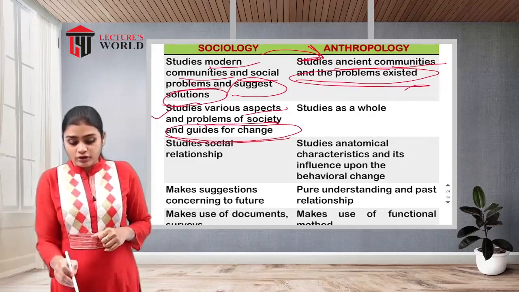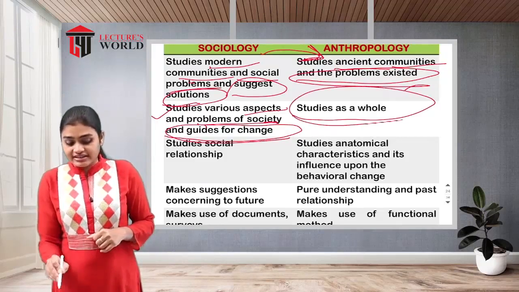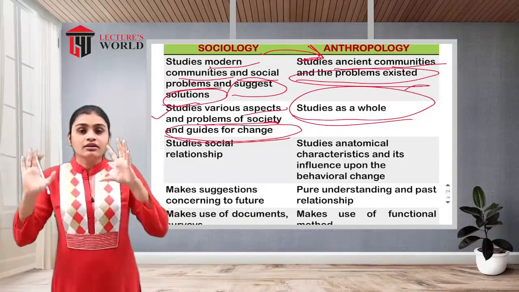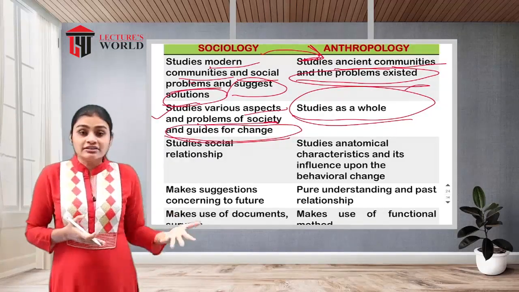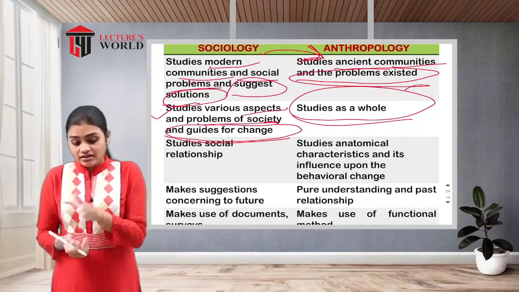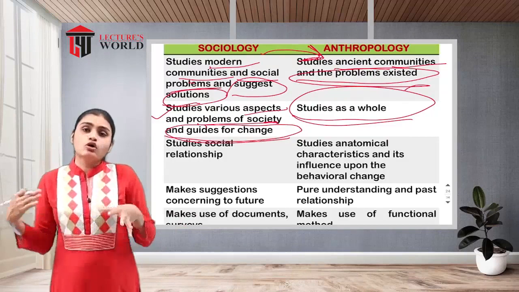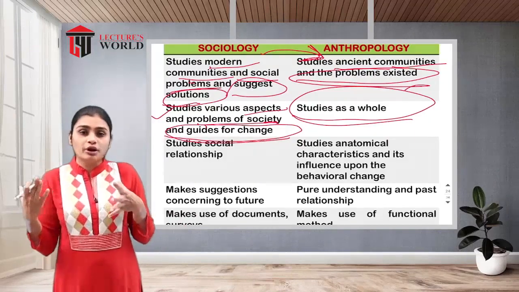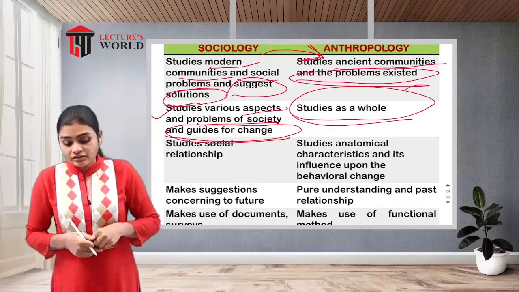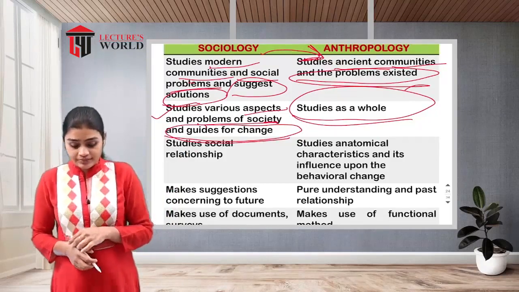And anthropology is studied as a whole, meaning we consider the whole thing. Here in sociology, we focus on a specific problem of the client. But in anthropology, we consider the whole problem, that means the surrounding factors which affect that particular problem.